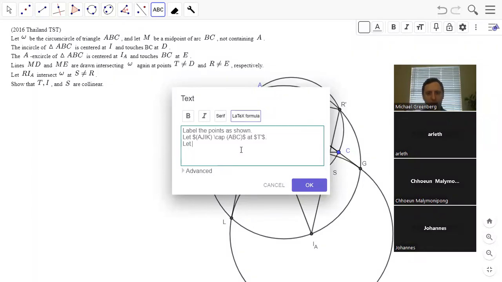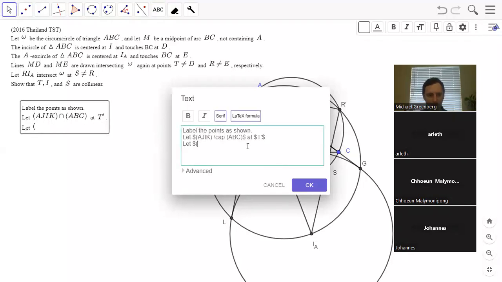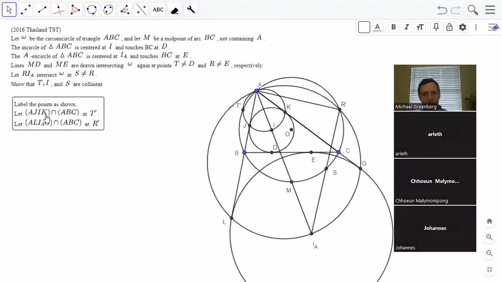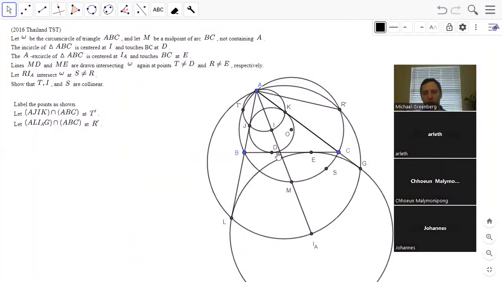And let AL, IA, G intersect ABC at R prime. And first I'm going to show T prime D and M are collinear, then I'm going to show that R prime S and IA are collinear. And that will solve the problem.